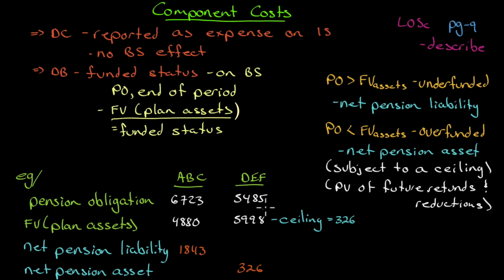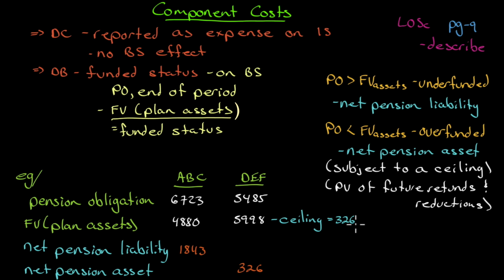DEF is 5485 on their pension obligation, 5998 on their assets. We can see that the assets are greater than the obligation, but this 5998 is subject to a ceiling of 326. So it has an asset ceiling of 326. We don't have to know how that ceiling is calculated. We don't have to get involved with it. We don't have to understand the accounting of it at all.